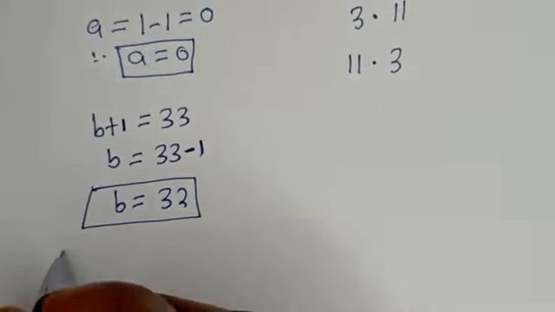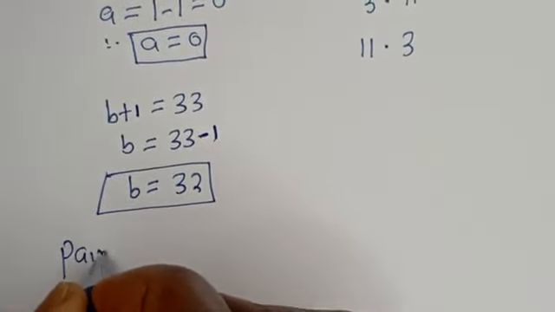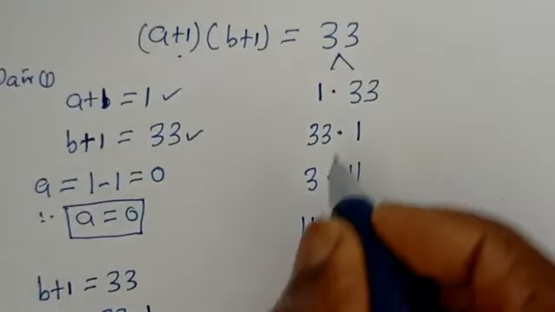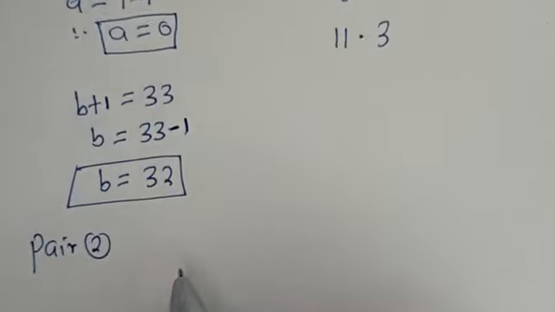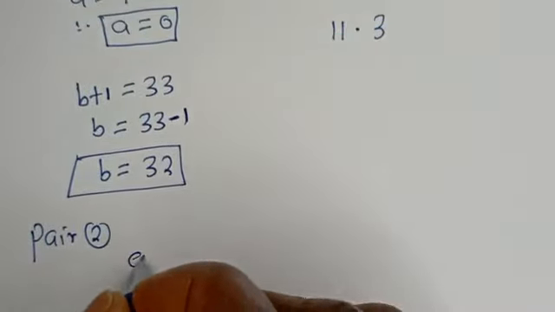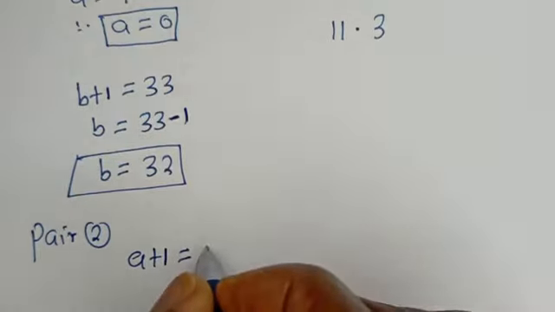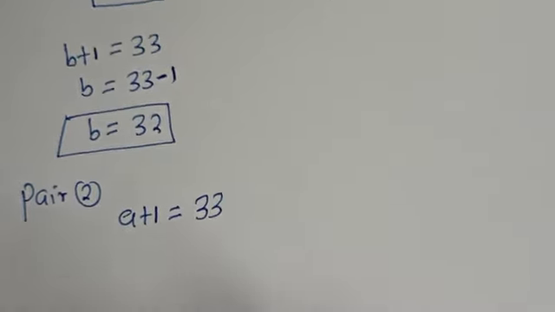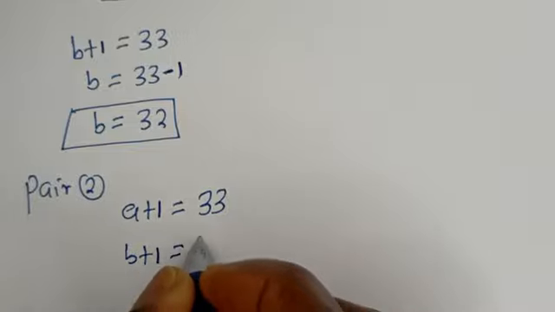Then let's consider the second pair, called pair 2, which is this. We have a plus 1 is equal to 33. Then b plus 1 is equal to 1.